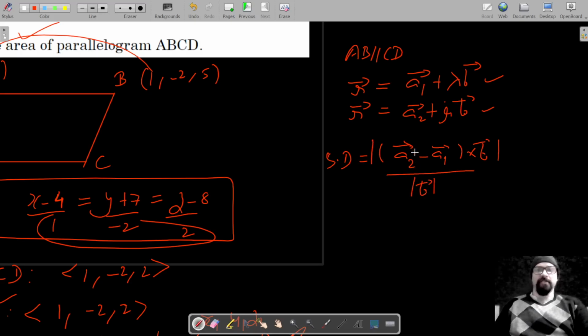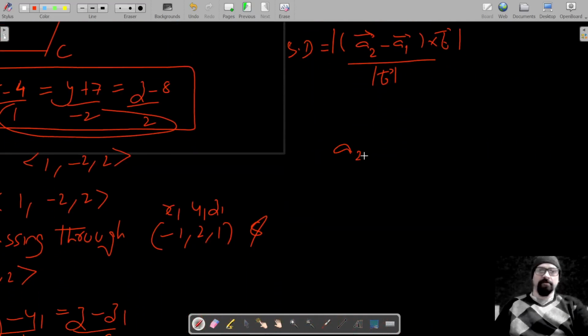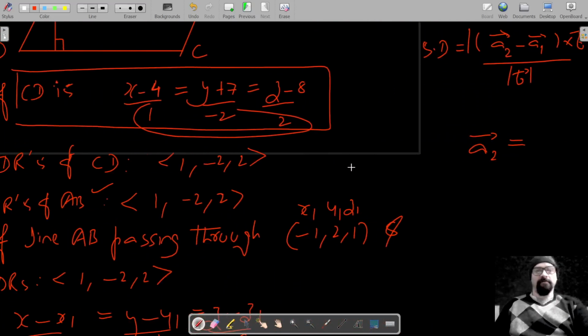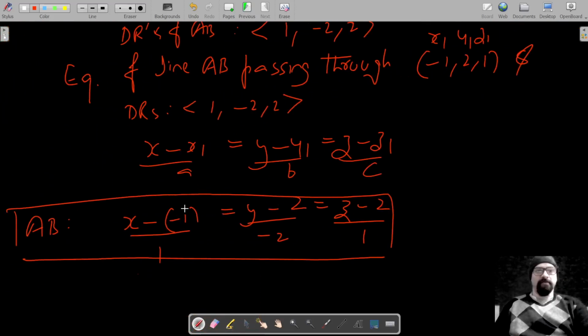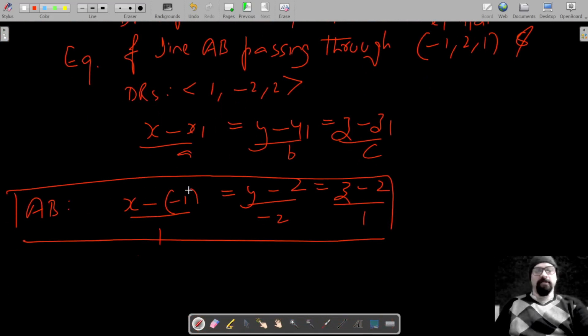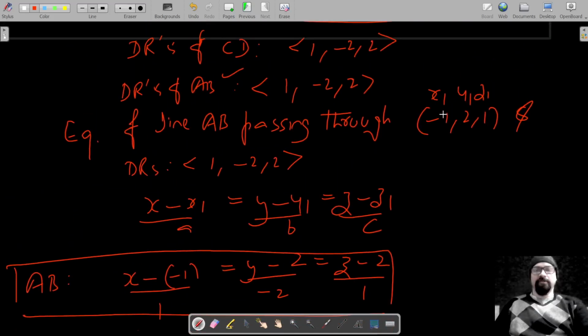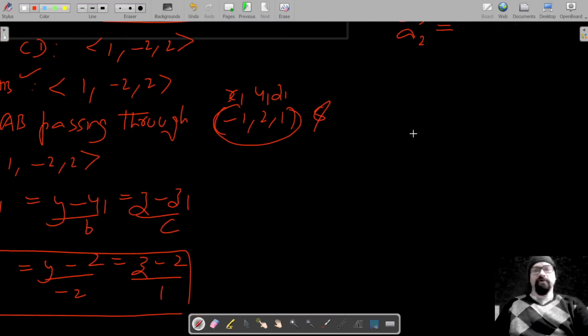So let's find out a2. The a2 vector here is the position vector of the point through which AB is passing, which is negative 1, 2, and 1.